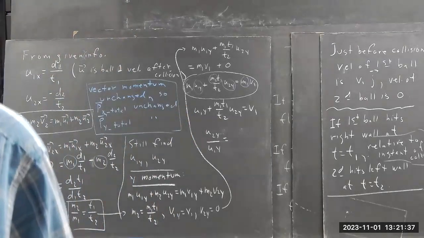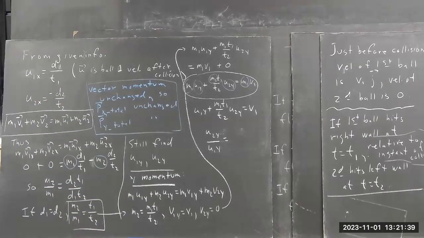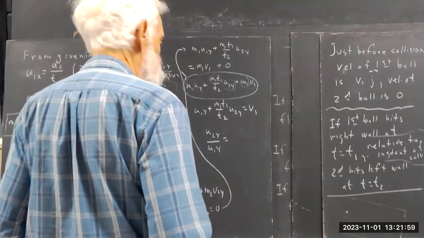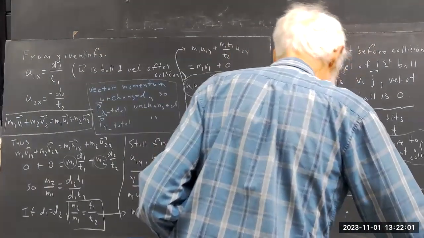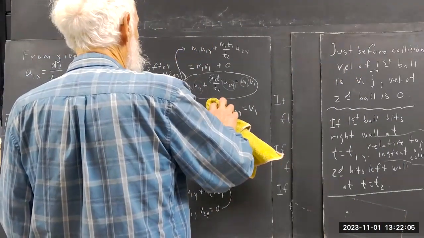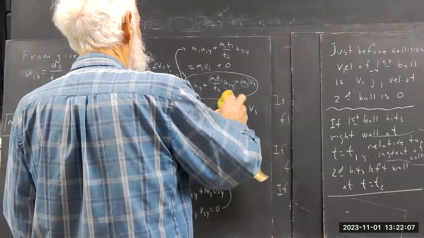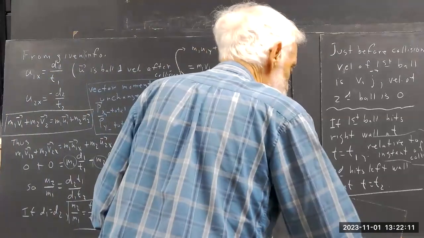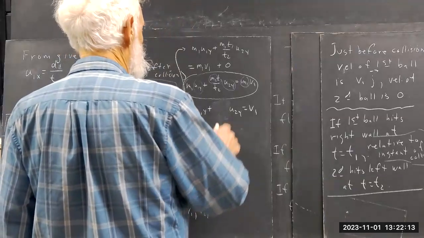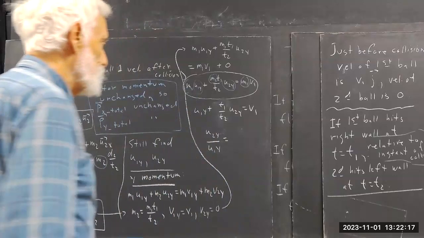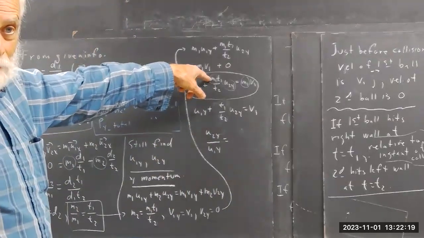And maybe I did something wrong here because we got a question. I wouldn't have liked having this in there. The M1 divides out, right?